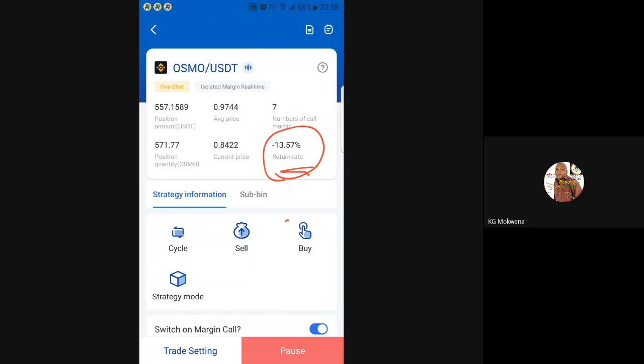But had we not opened extra margin calls, this is dollar cost averaging, we were going to still have to first wait for the market to pump by 48% before the quantity can actually be in a floating profit. So now you can see, imagine if we placed 1,000 into this, it was also going to be very, very small.